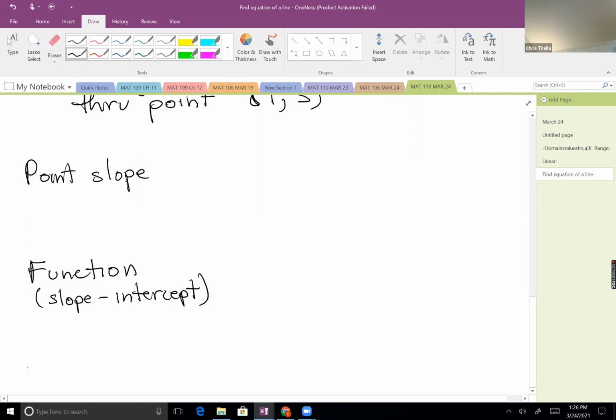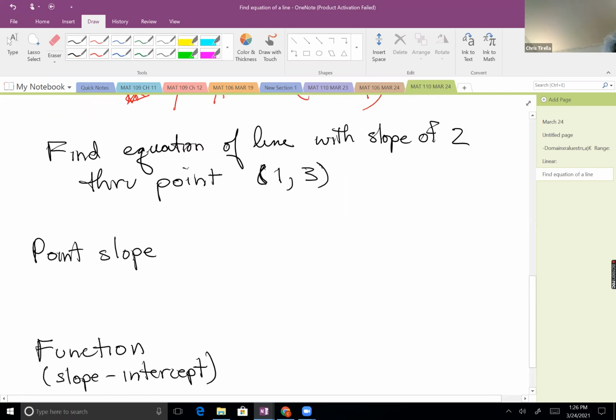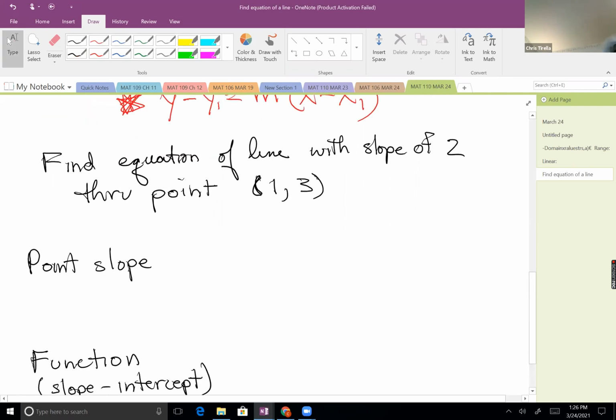And they're going to also ask you to do it in general form. So, point slope form. Our point slope formula is y minus y1 equals m times x minus x1.